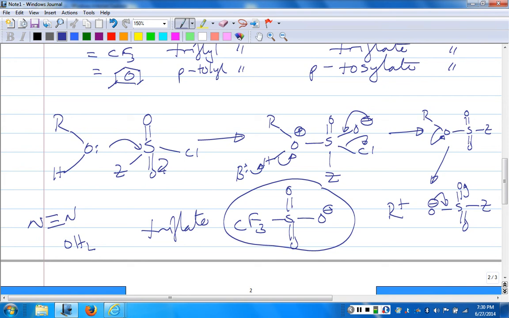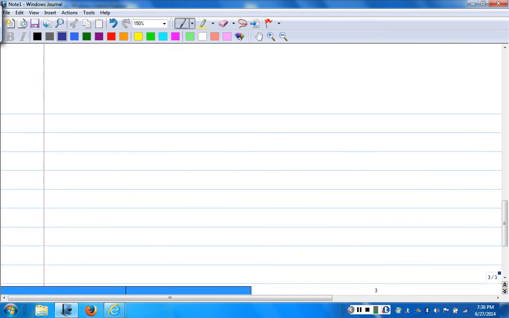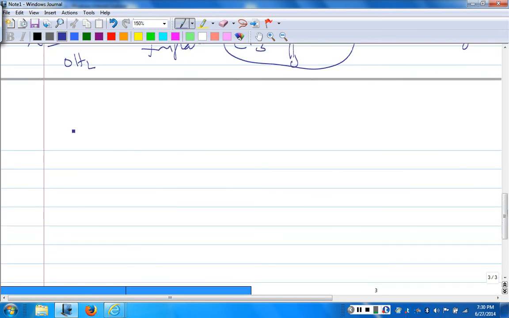Okay, so there are other reactions of alcohols that we want to look at, and we're going to look at what's called silylation of alcohols. I'm sorry, I'm not numbering these. I think the first was acid-base. The second was conversion into good SN substrates. And so silylation would be 3.